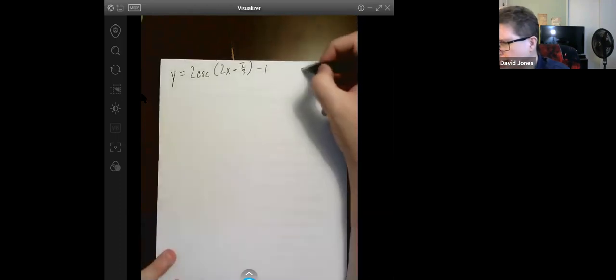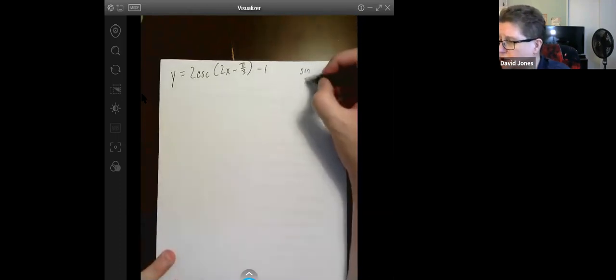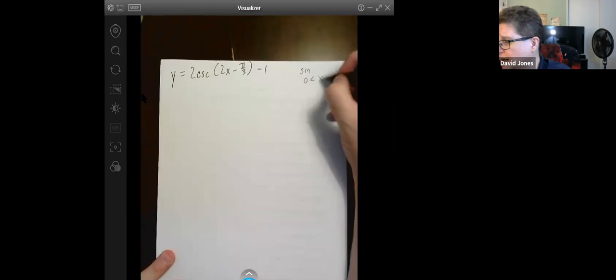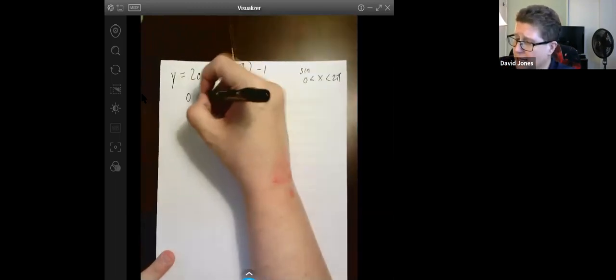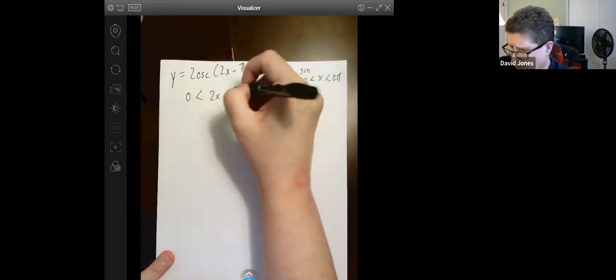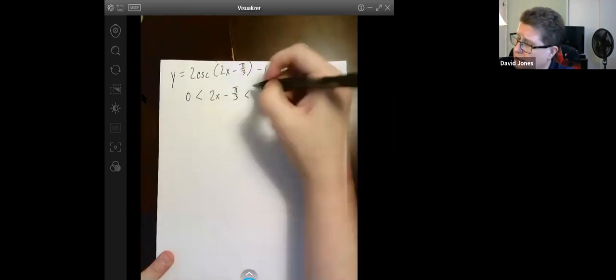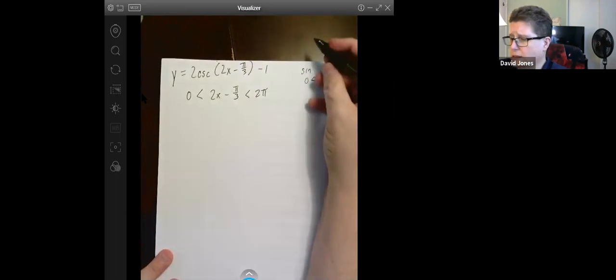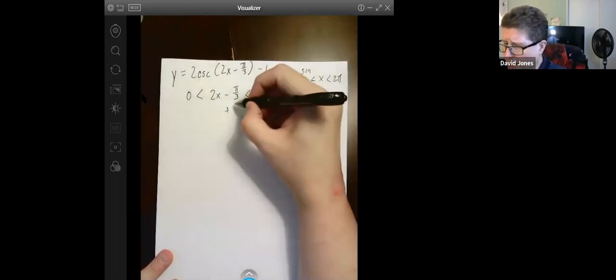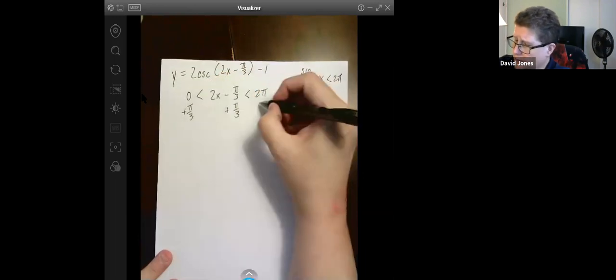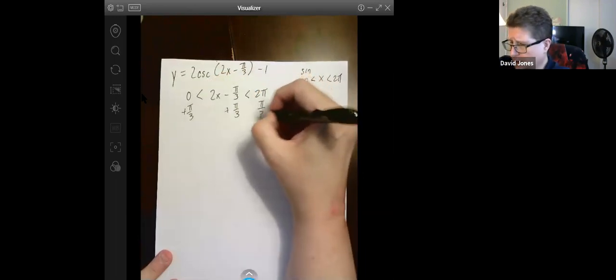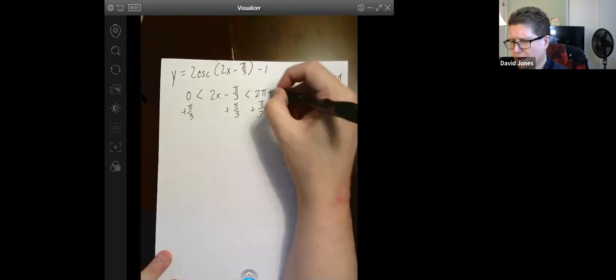So sine is normally 0 less than or equal to x, less than 2 pi. Let's replace that with the argument inside. I'm going to add pi over 3 to every spot. To do that here, I'm going to multiply this by 3 over 3.